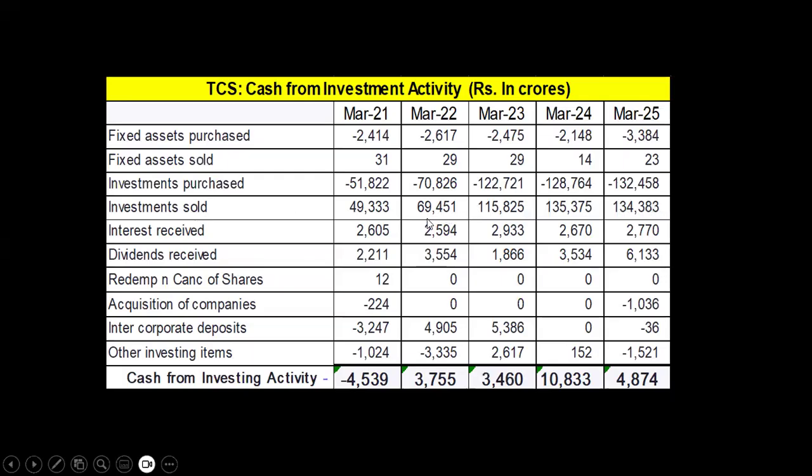So they invest money because the company is having huge cash sitting, cash generated from the business. The cash generated from the business, they use for dividend distribution and also investments.